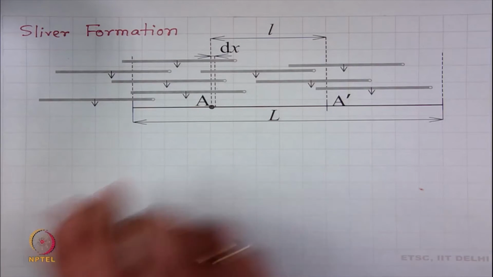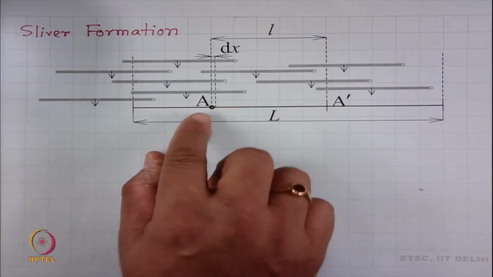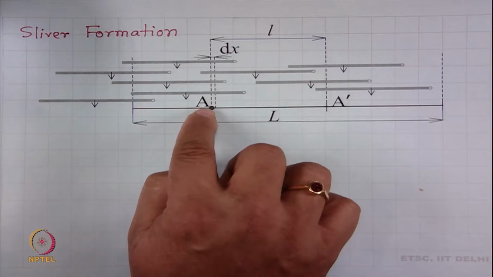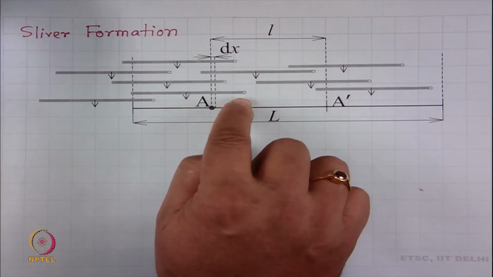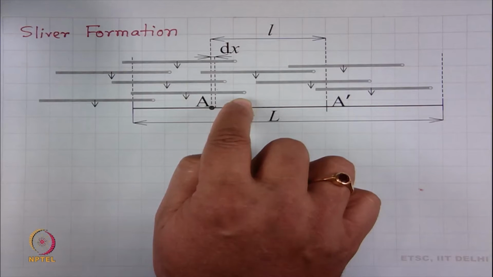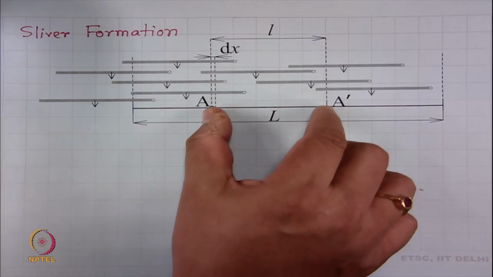If a fiber is passing this line at A, that means the right end small circle of the fiber must be lying within a length small l.